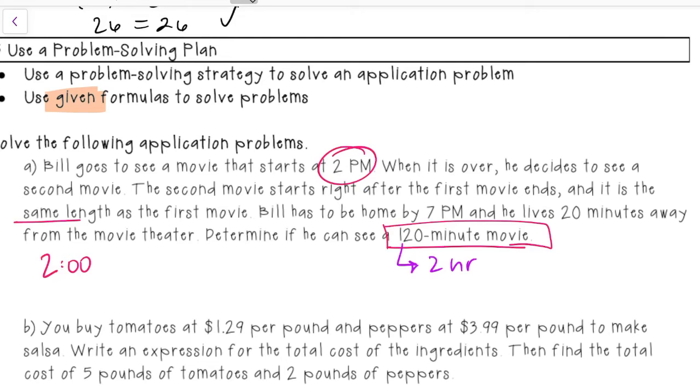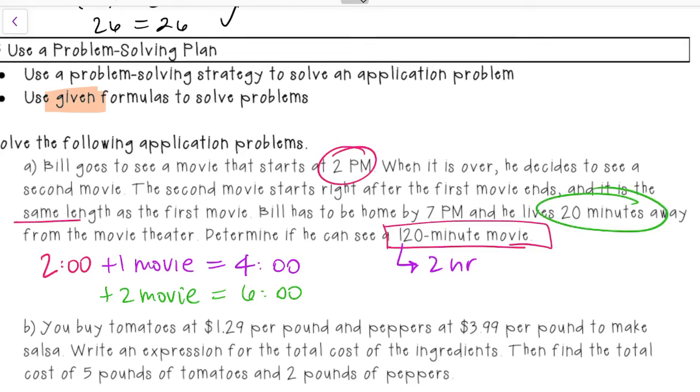So if he sees one movie, then all of a sudden it's going to be 4 p.m., 2 hours after that movie started. Well, and then the second movie, it's going to be 2 hours after that. So that's going to be 6 p.m. He needs to be home by 7, and he lives 20 minutes away. Well, if he lives 20 minutes away and the movie got over at 6, 20 minutes after that is 6:20. Is that before 7 p.m.? Yeah, absolutely. So he's good to go.